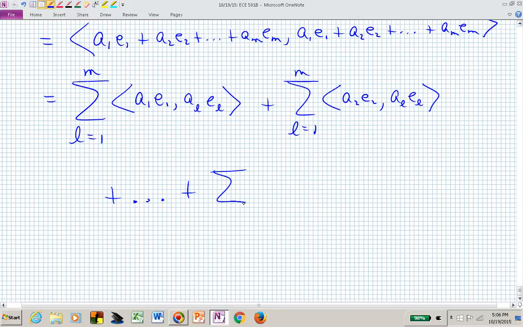Thank goodness for this collapsing notation with the summation sign. So now I have the sum from L equal 1 to M of the last one, a sub M e sub M, with a sub L e sub L. That's just the additivity of the first slot.